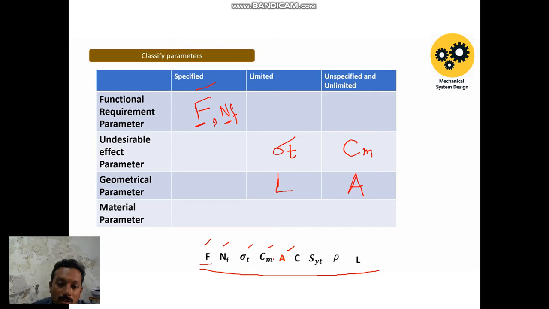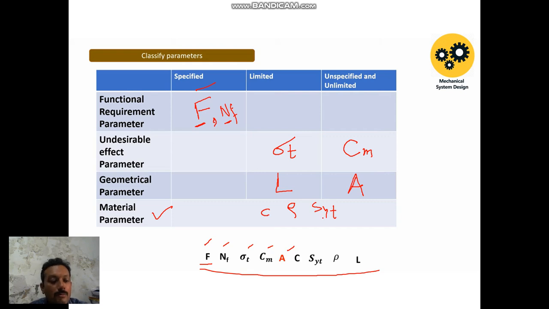Then sigma C, rho, SYT, these all will be the material parameters. C is your cost per unit mass, rho is the density, SYT is the ultimate tensile strength or yield strength, we can say that.